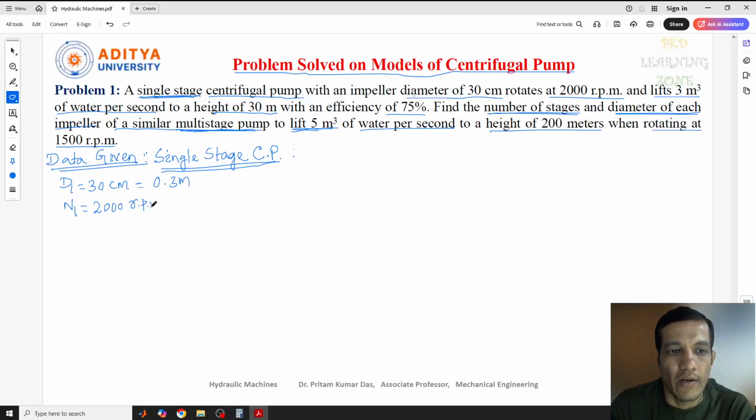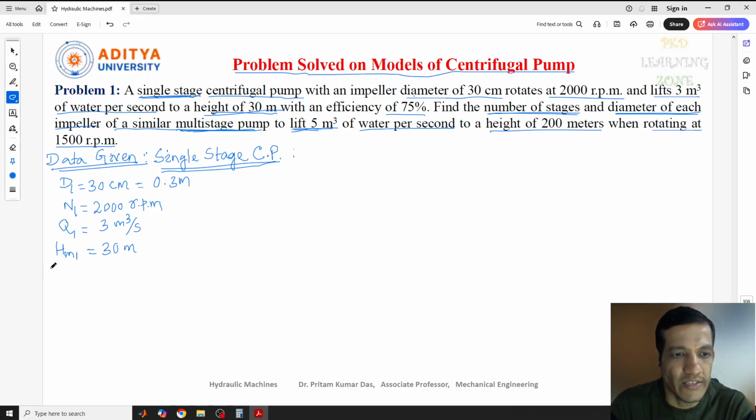Next, it lifts 3 meter cube of water per second, so that means the discharge is given. We can write Q1 is 3 meter cube per second, and to a height of 30 meter. Height of 30 meter in the sense the total head is 30 meter here, so the manometric head HM1 equals 30 meter, and with an efficiency of 75%.